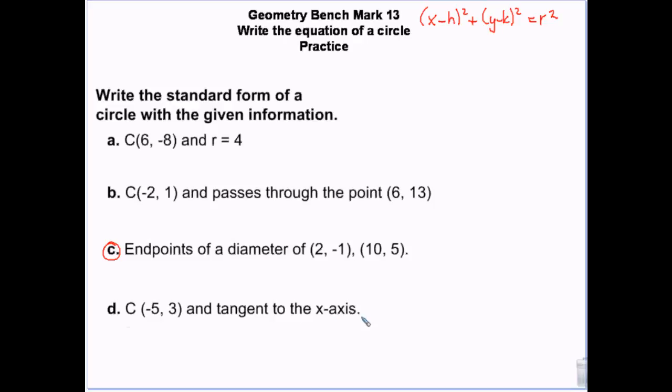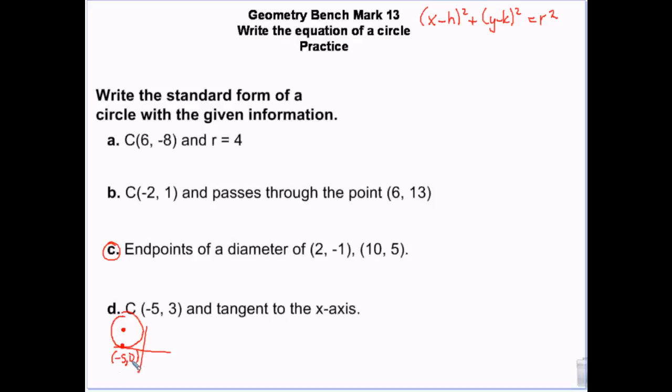Tangent to the x-axis. Do you remember what tangent means? It just touches. Okay, so what we've got is some circle that's at negative 5, 3. So that's going to put it somewhere over here. And it's going to touch the x-axis at one point. And that point is going to be negative 5, 0.